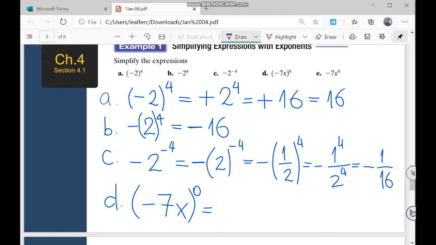That means negative 1 submitted to 0, 7 submitted to 0, and x exponent 0. Everything has the exponent 0 when you have the parentheses. That means the whole thing is 1. 1 times 1 times 1 equals 1. Clear?